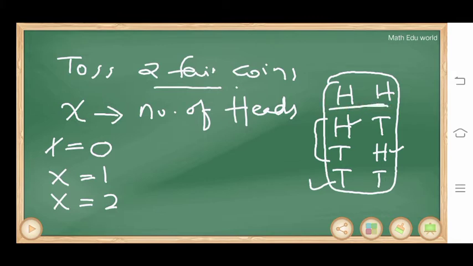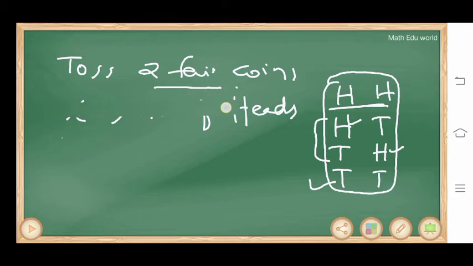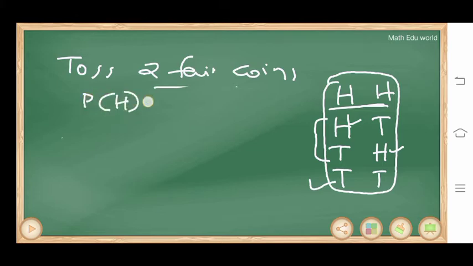Now, how do we find the probability of this and make the corresponding table? Let's start with X equal to 0. The probability of heads while tossing a coin is 1 by 2, and the probability of tails is also 1 by 2.